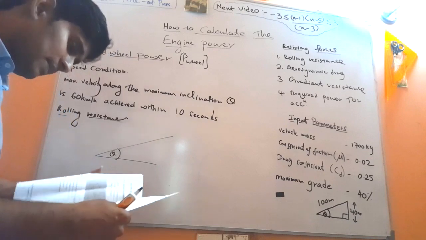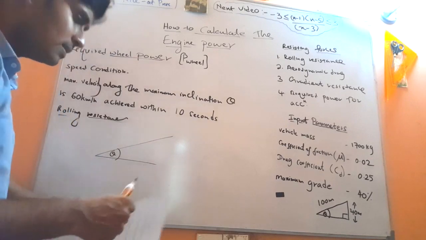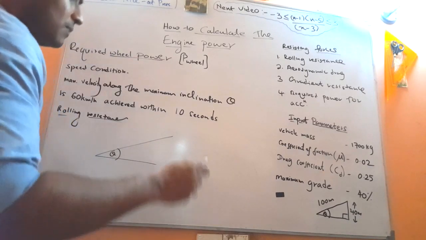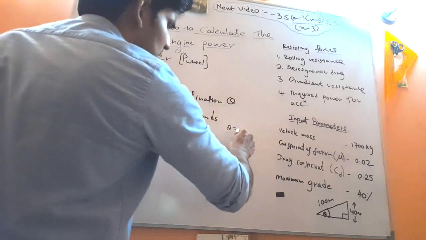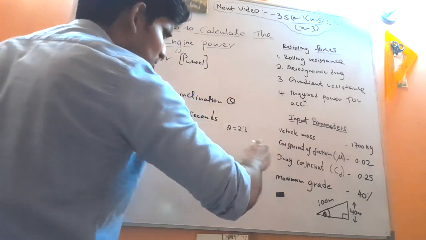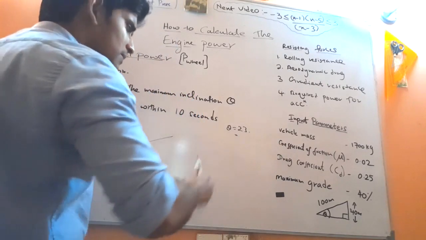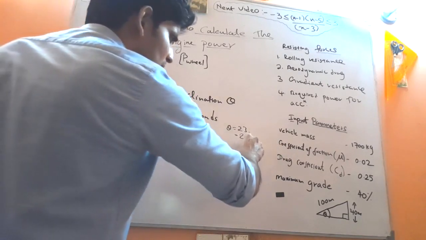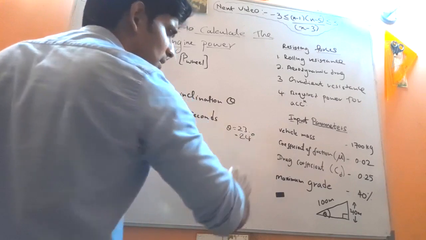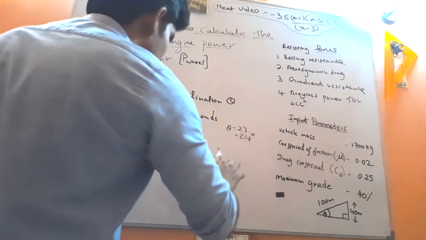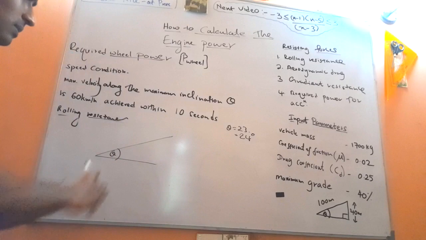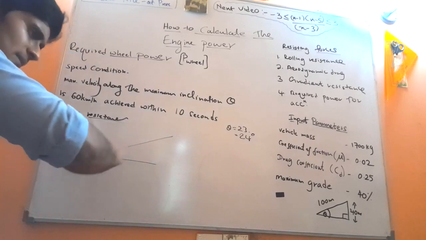I think we have already evaluated theta: we got something like 23 point something, and for convenience we rounded it up to 24 degrees. So theta we know, and this vehicle is traveling along the maximum grade.